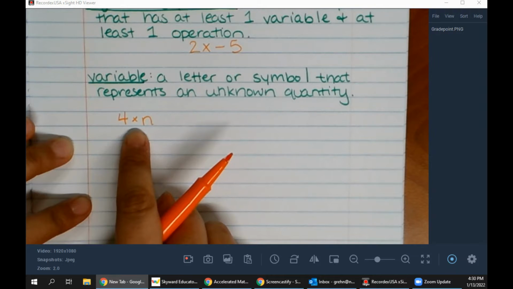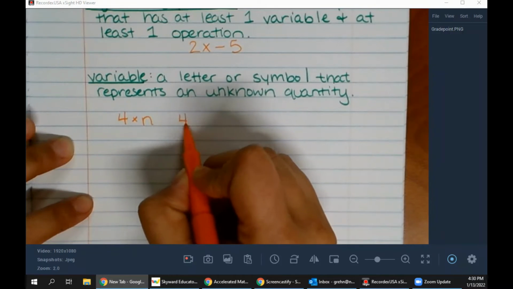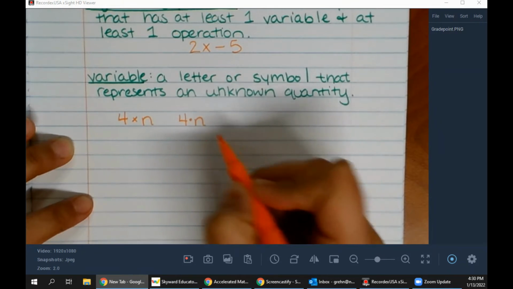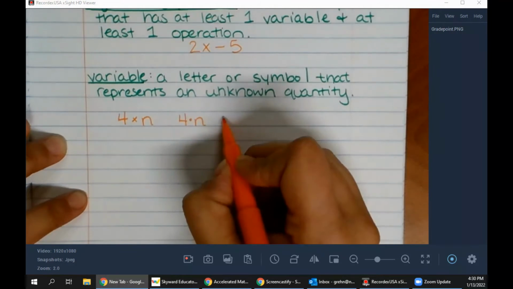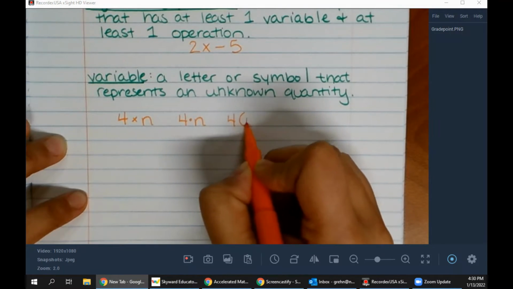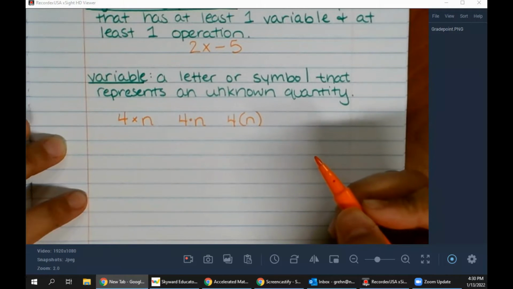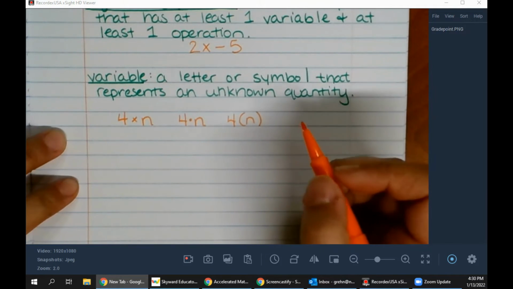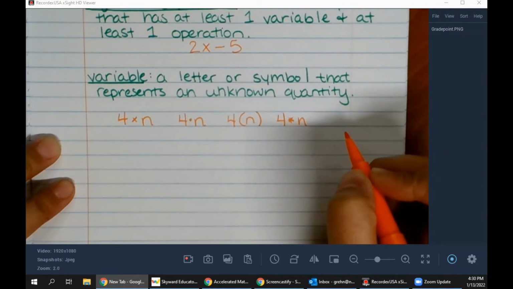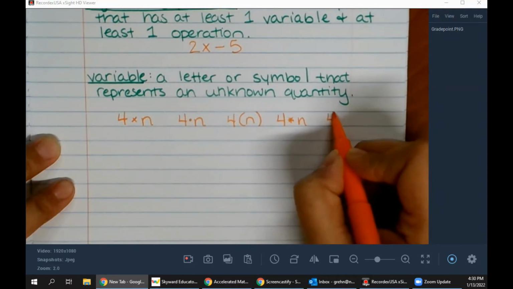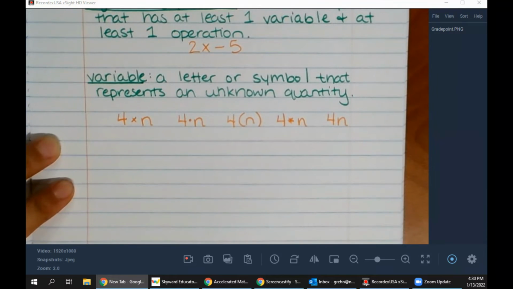So, because of that, we could write it as 4 multiplied by n with the dot. We can also write 4 and then in parentheses n to show that we're multiplying them. We can also use the asterisk. And then finally, we can write it just right next to each other.